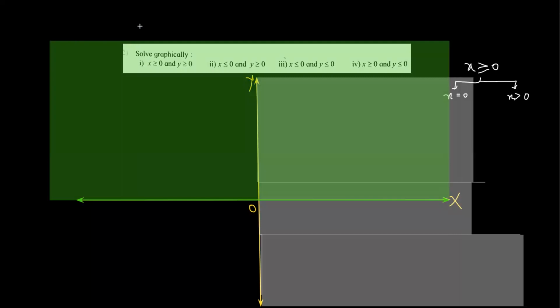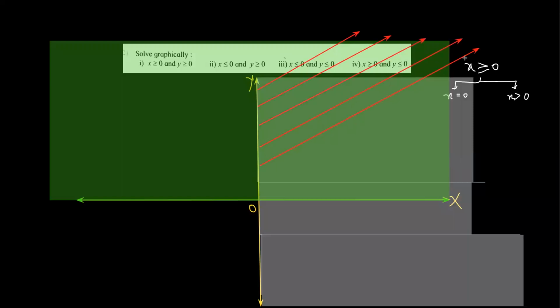So, in order to solve this, see, these are the set of points which are satisfying both the conditions.